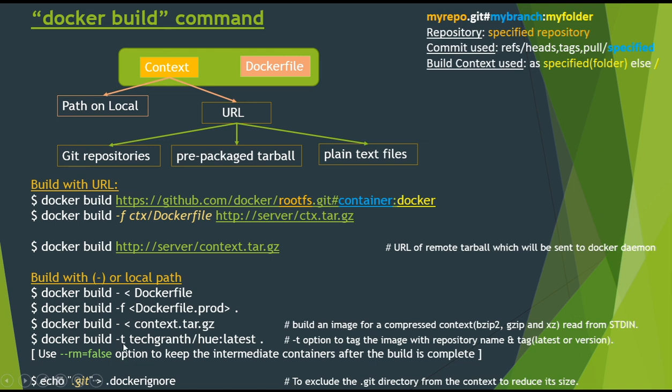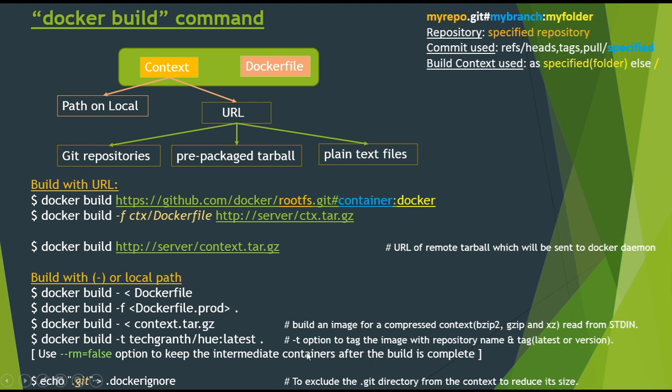So hyphen t will be used for tag, and you can see this is our repository and this is our image name, right? You can see a hyphen t option to tag the image with repository name and tag version, and if you use a hyphen rm equal to false option to keep the intermediate container after the build is complete.